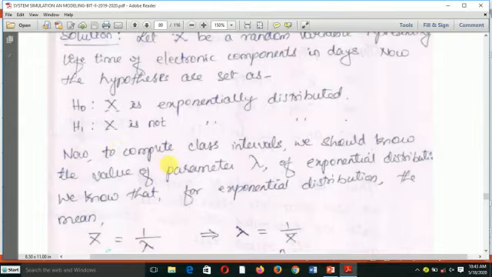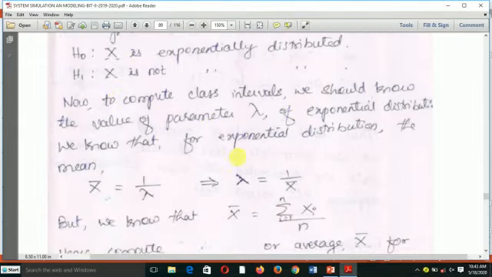Now to compute the interval, we should know the value of the parameter lambda. So first we have to calculate the interval between the different values. It means that we take an interval according to the range of the value of each one from the list.